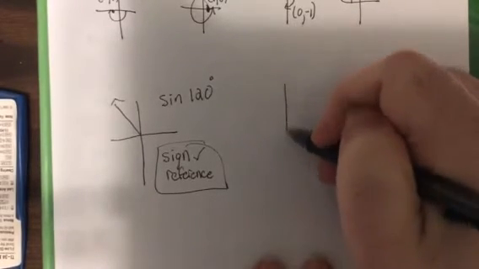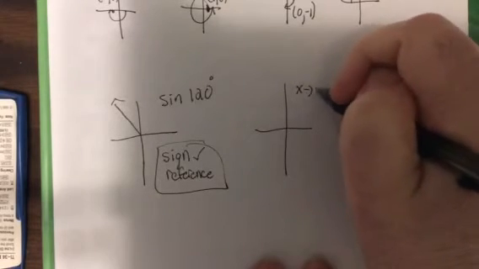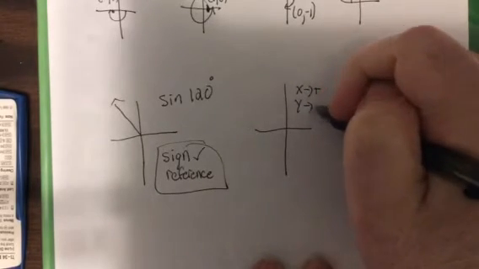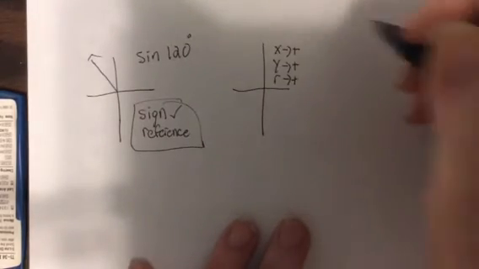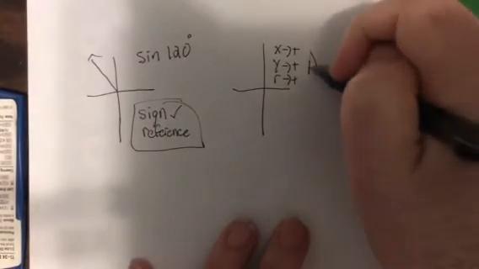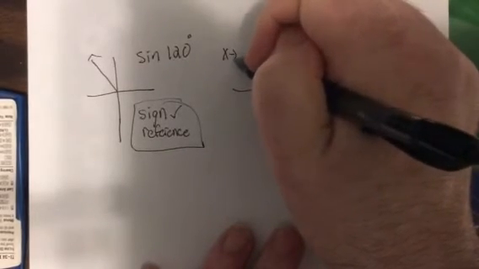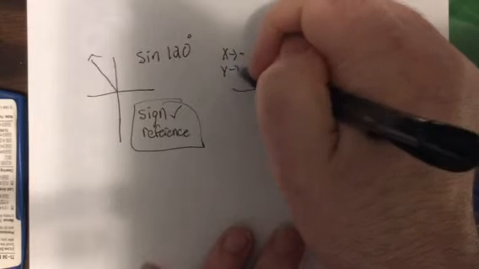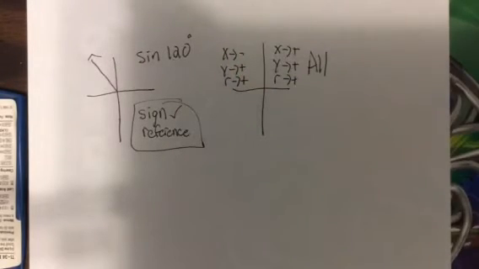So in the first quadrant, x is positive, y is positive. Now, r is always positive because it's a distance. So all the trig functions are positive. In the second quadrant, x is negative, but y is positive. Again, r is always positive. So what trig functions would be positive?